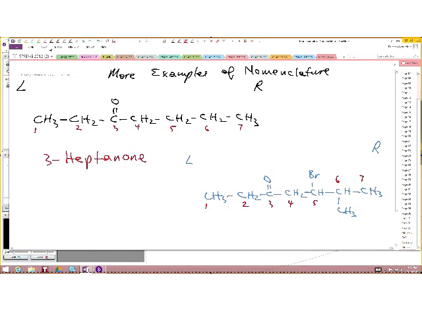That means we have a substituent in the 6th position and another substituent in the 5th position. Of course, we still have to follow the rules of alphabetizing. So therefore, what would be the name for this? 5-bromo, very good. 5-bromo. 6-methyl.